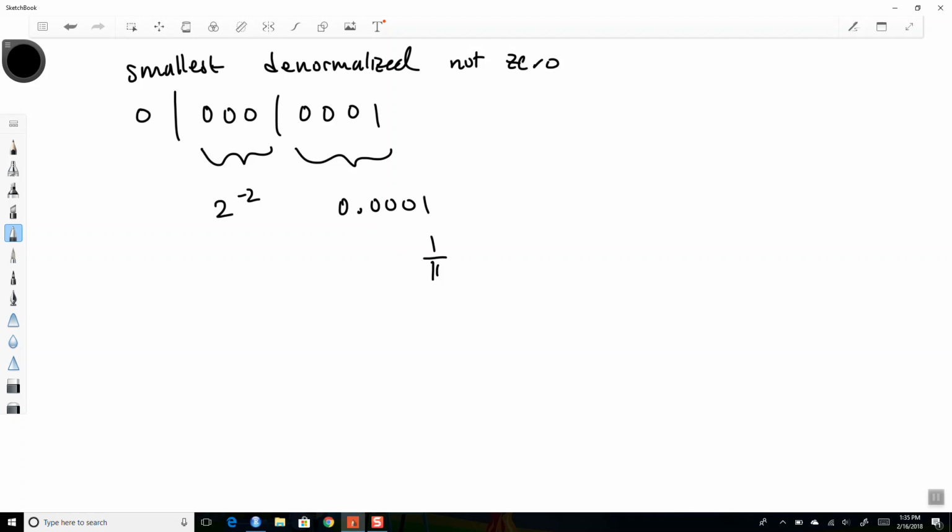So I have 1/16 times 2 to the negative 2, which gives me 1/64. Okay, so this is the smallest. According to mini float, this is the smallest denormalized number.